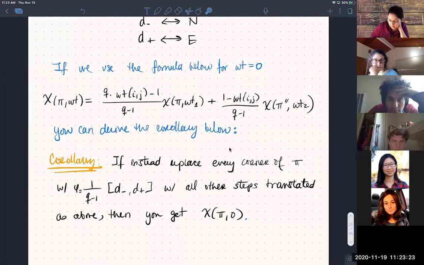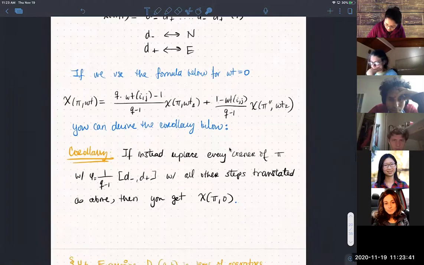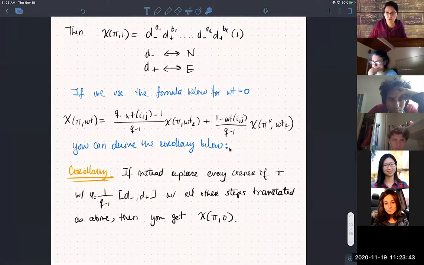Applying this formula iteratively, if you substitute every corner with this commutation relation, then you get chi of pi 0. I'm not doing it, but you can just go through and check it. Yeah, any questions about the proof or anything?